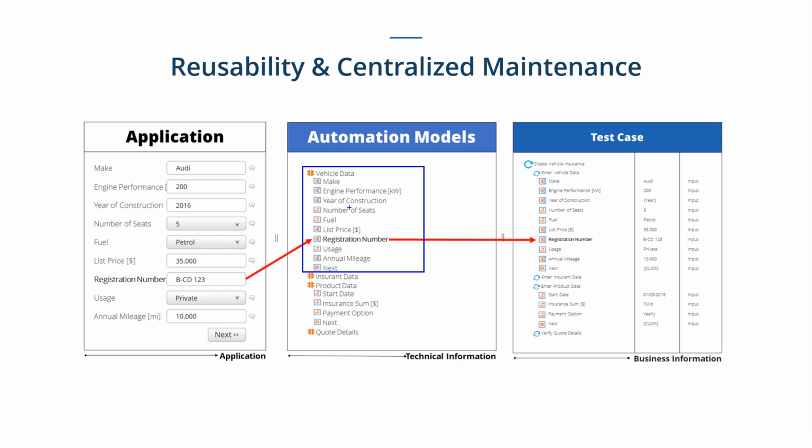So you will simply drag and drop it into any test case. So you'll literally just be dragging and dropping this module here over into the test case section in Tosca, and you can reuse this technical information anytime you need to steer these controls.